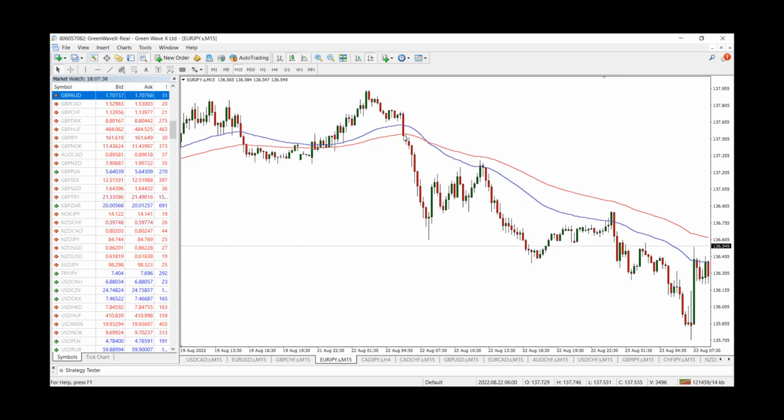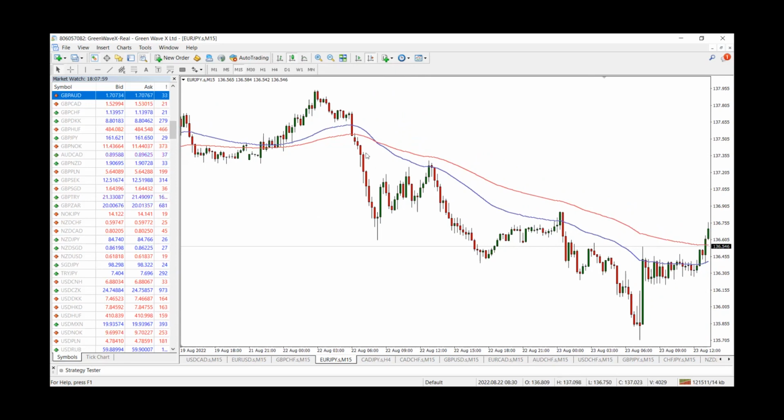If you are using a candle close, it is here. If you are using a candle formed completely below the moving average, it is here. So the first set of people will have sold here, and the second set of people will have sold here.